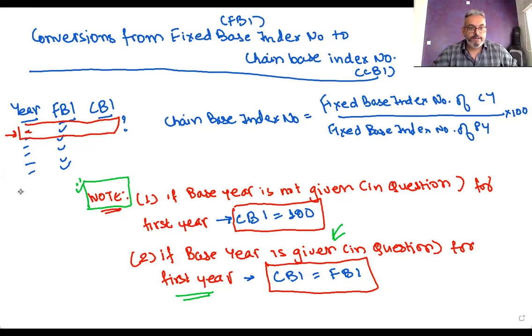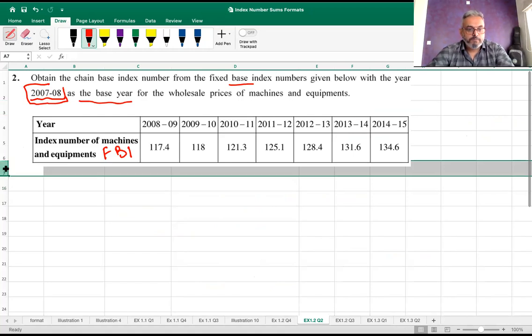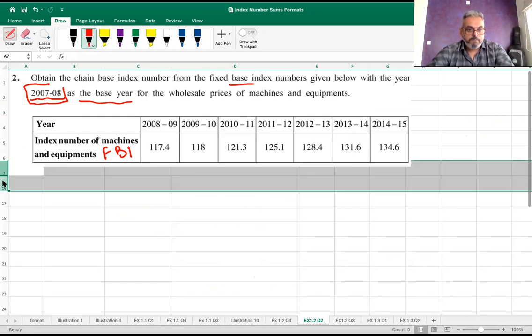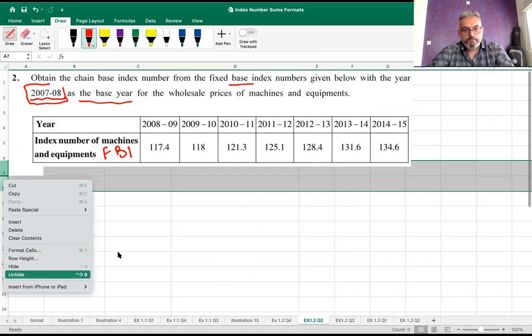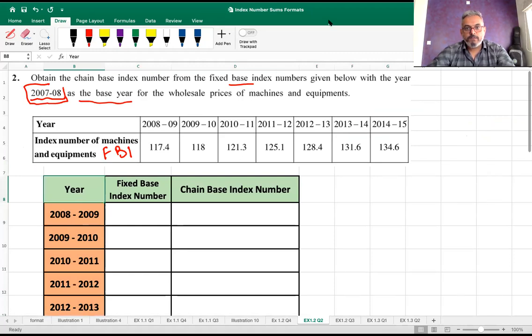Now, let's make the format. This is the format. Write the heading.